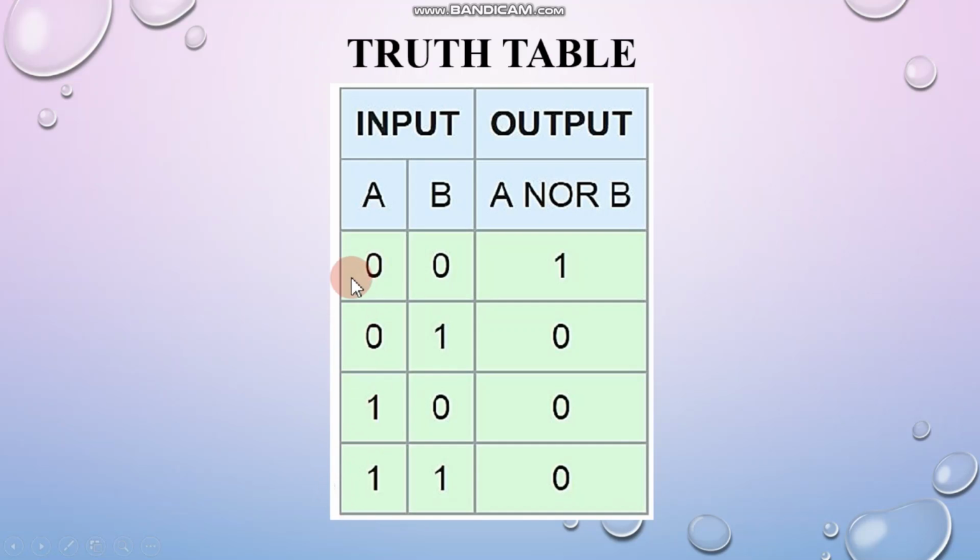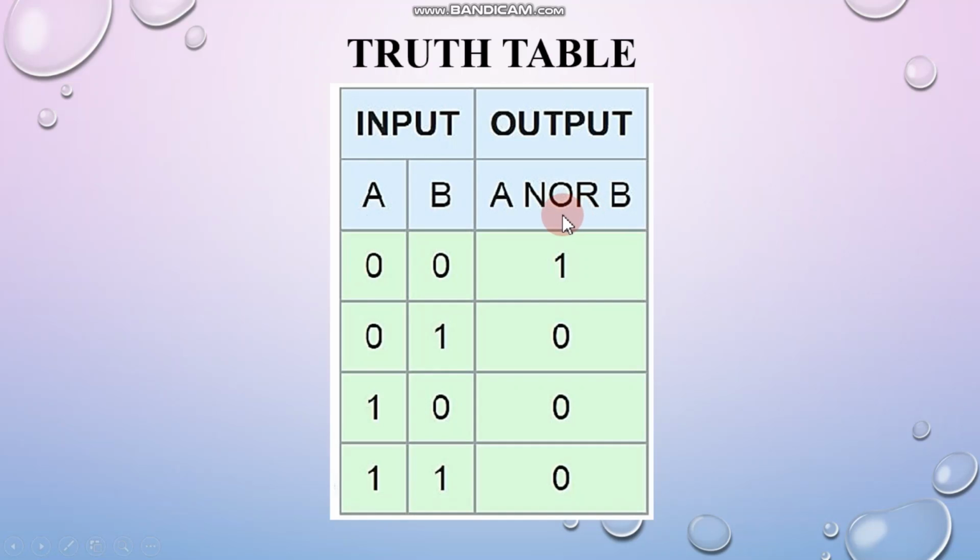In the second column, we write 0 1 0 1 alternately, and always remember you need to start from 0. Why? Because 0 is the low logic, so it is always preferred to start from low logic. So 0 0 1 1 and 0 1 0 1. The two columns of A and B are done.